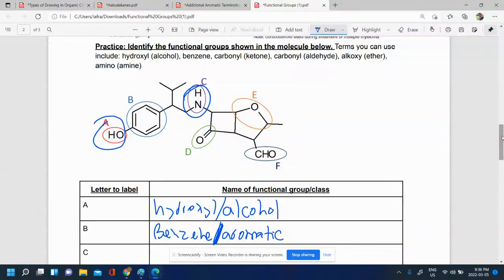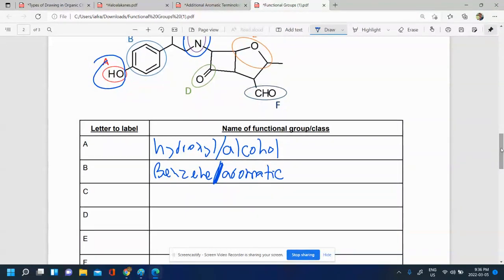The carbon next to it would have to have a double bond O for this to be an amide group. So it's not an amide group, because the carbon next to it doesn't have a double bond O. So we're just going to make this an amino group. And that would make your molecule an amine for C.